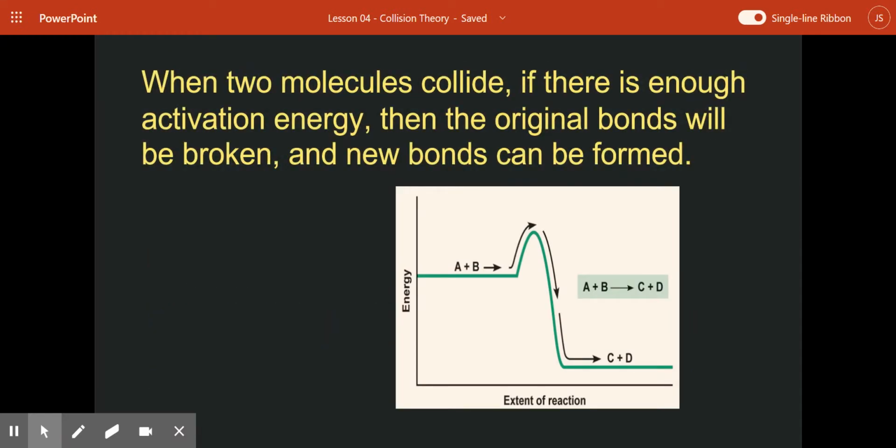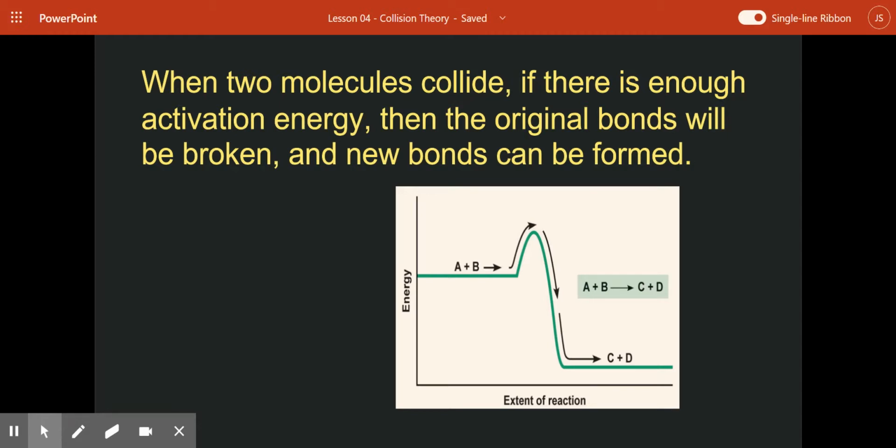So when 2 molecules collide, if there isn't enough energy, no reaction will happen. It'll just stay at this front part with A and B. If there is enough energy, though, then we have the reaction and we have new products formed. So for sodium and water, we met the activation energy.